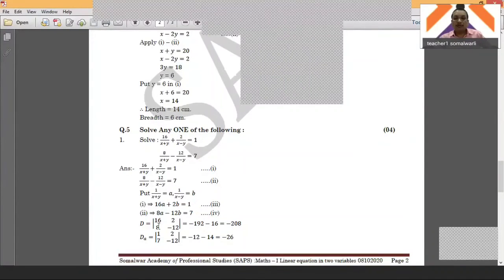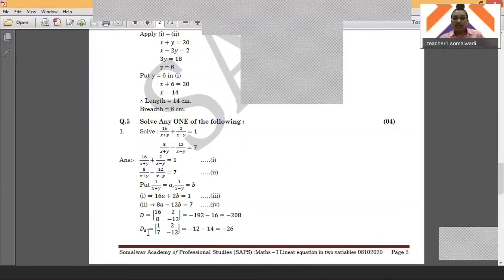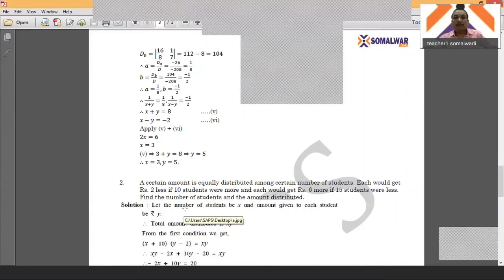Applying Cramer's rule to solve, D is equal to the determinant with rows 16, 2 and 8, minus 12. Simplifying this, it will give us the value of D is equal to minus 208. The value of Da is minus 26 and the value of Db is 104.